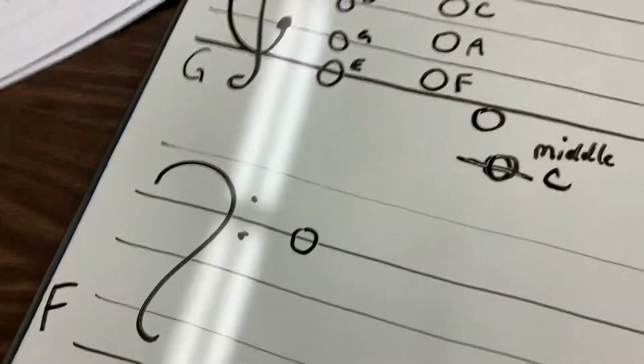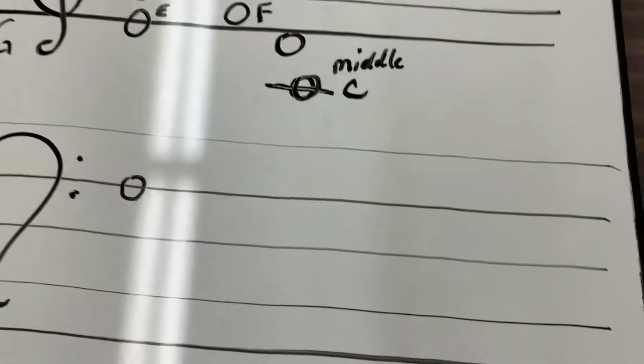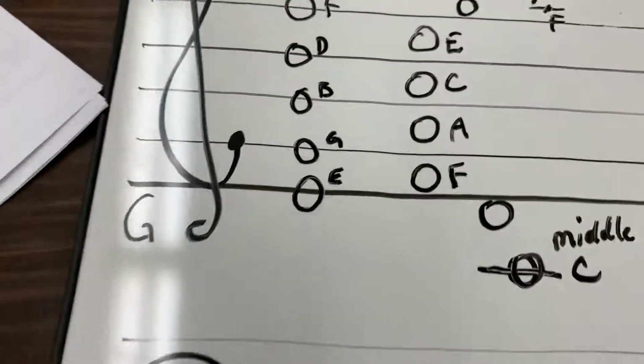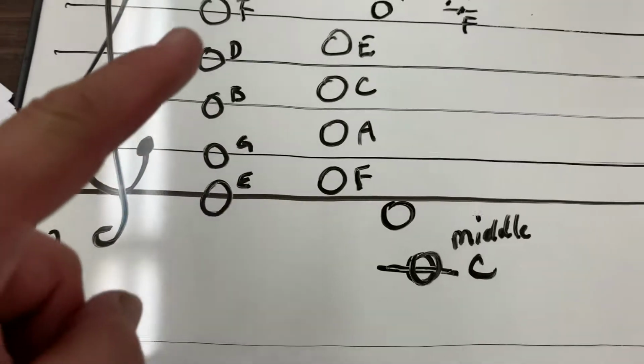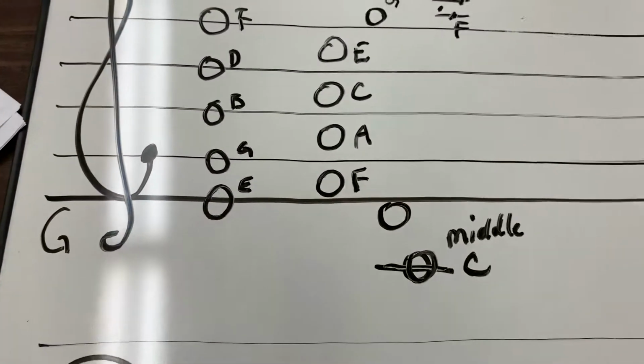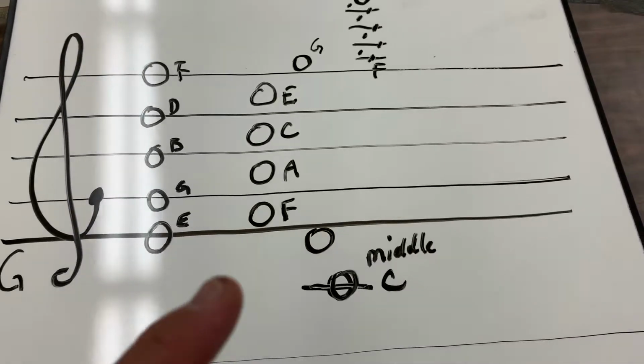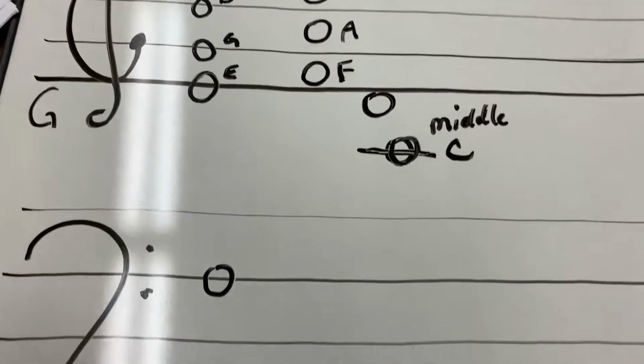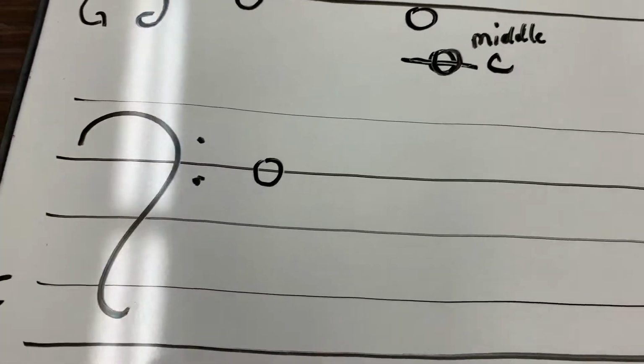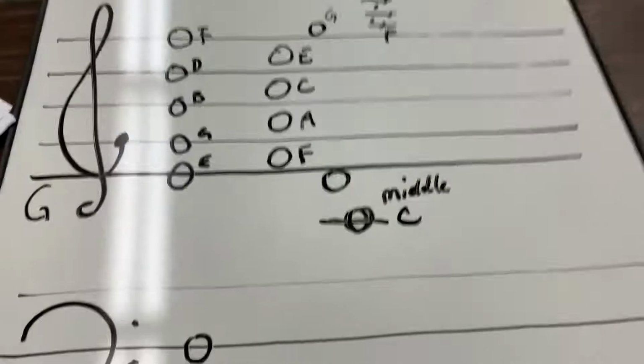So before we go on, these two tricks can also be translated. The tricks being every good boy deserves fudge, or every good boy does fine, or whatever other sentence you want to use. Then F-A-C-E, that happens on the next line or space below. So for example, you can find them very quickly.